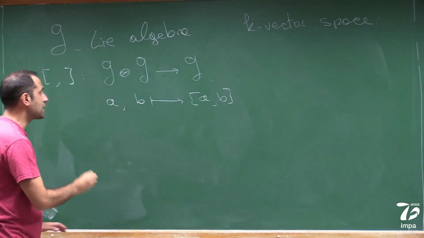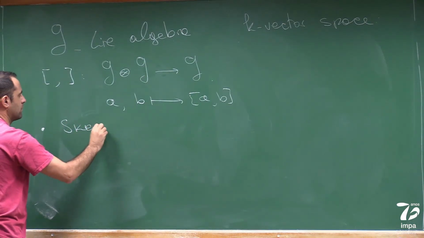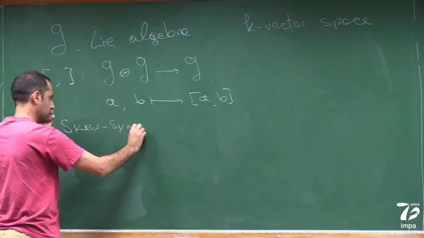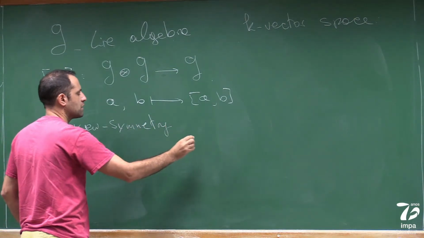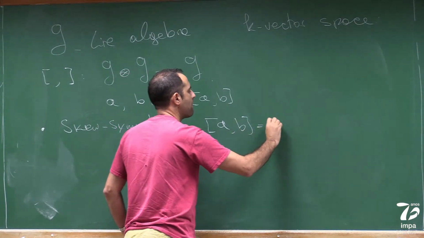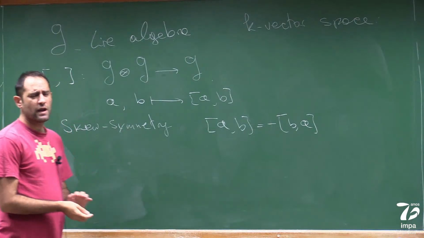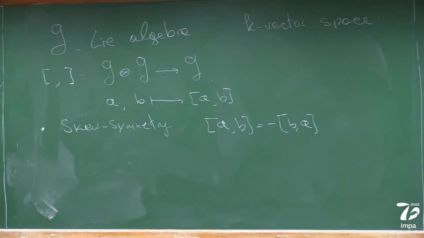That satisfies two axioms, skew symmetry, so skew symmetry says that the bracket of A and B is minus the bracket of B and A. If the characteristic of the field is 2, you may want to replace this by A bracket with A is equal to 0.